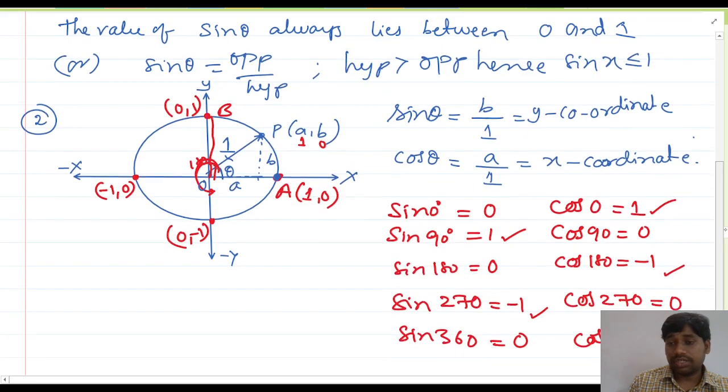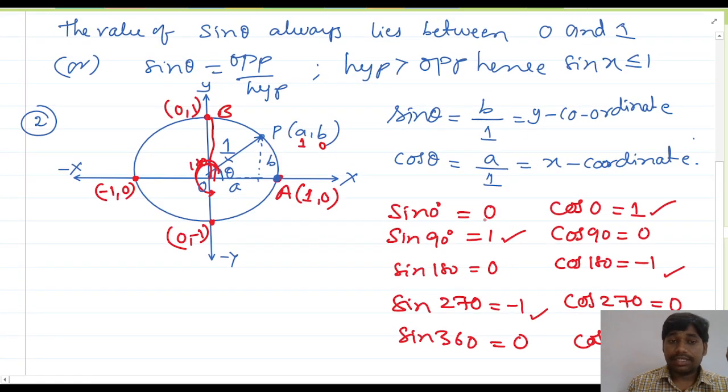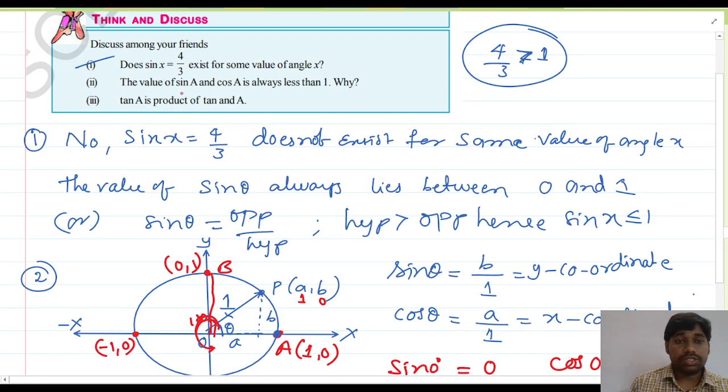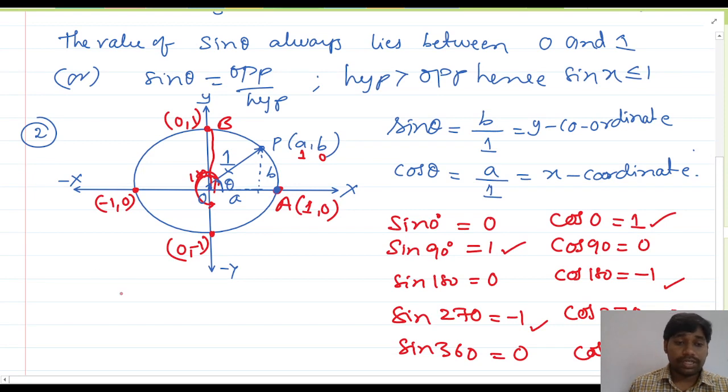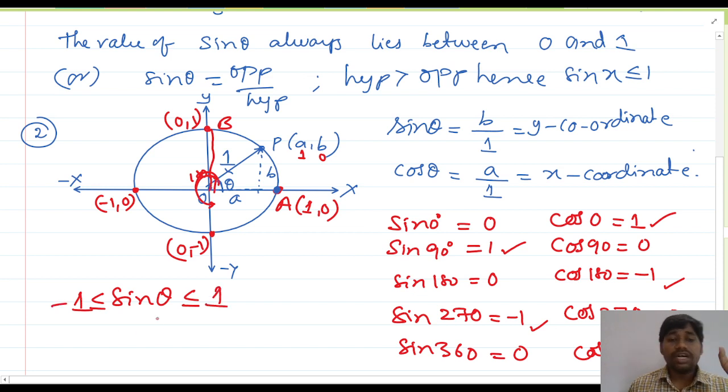This is what the question is: sin A and cos B are always less than or equal to 1. I hope you are satisfied with this answer. Sin theta lies between minus 1 and 1, and cos also lies in the same range.